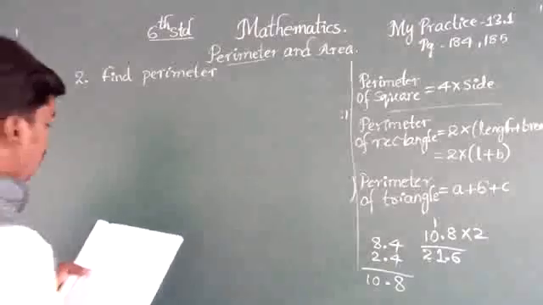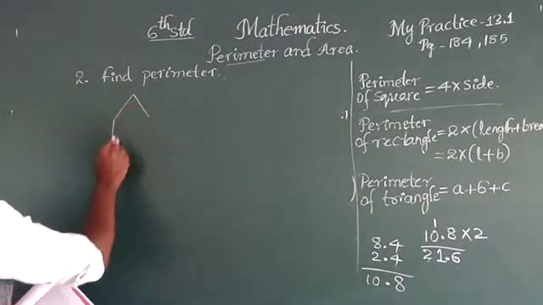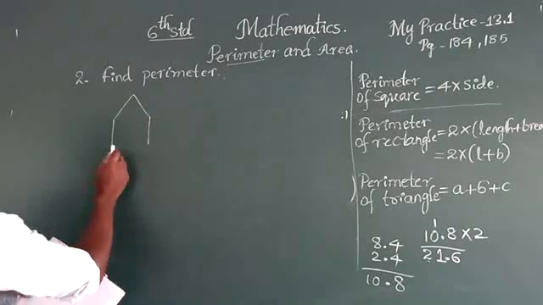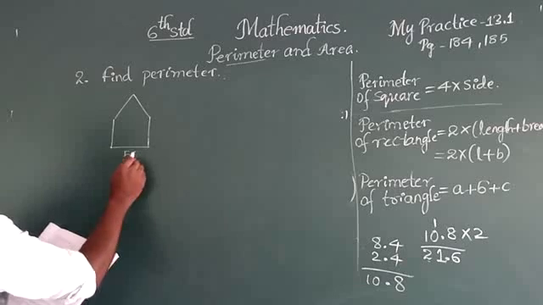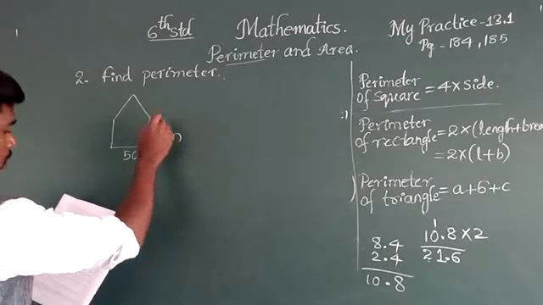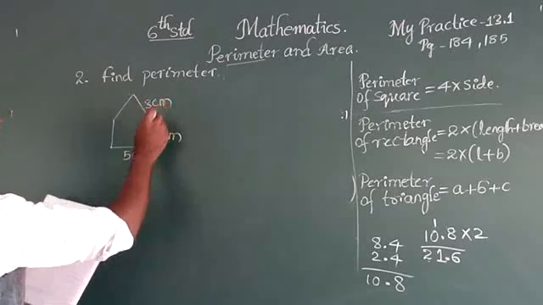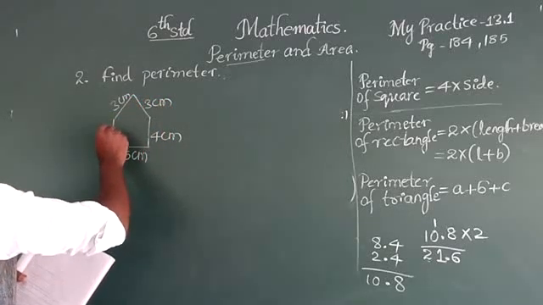Now I should proceed to the next. The shape is like this. The bottom side, the base, is 5 centimeter and 4 centimeter. This side is 3 centimeter. Again 3 centimeter. This is 4 centimeter.